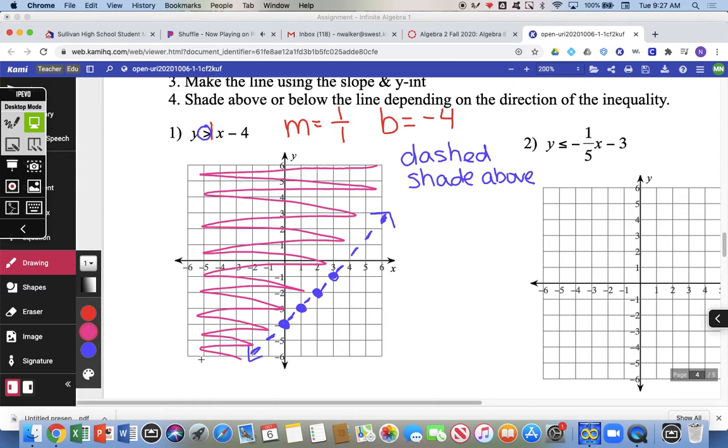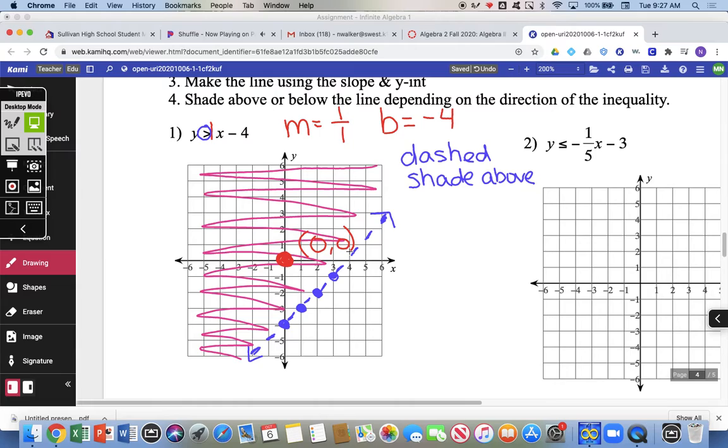So whenever we're looking at these, I just want to show you guys one example, and we're not going to do this every single time, but is 0, 0 shaded? Whenever we shade, we shade the origin. If it is in the shaded area, the origin, x is 0 and y is 0.